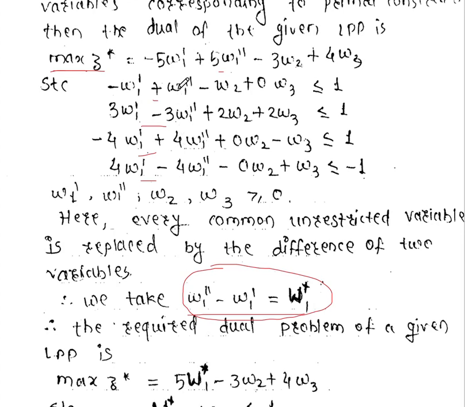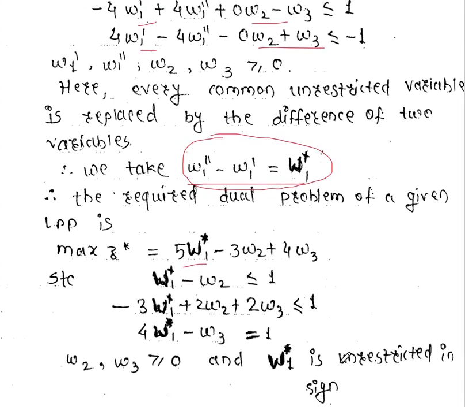Take 5 common, so you will get 5 times W1 double dash minus W1 dash, that is capital W1 star. Minus 3 W2 plus 4 W3 as it is, because here there is no common difference. The common difference should be in each equation and in the objective function.